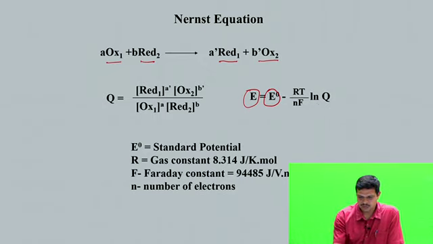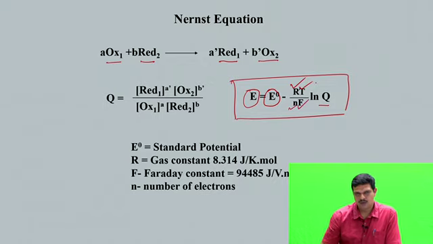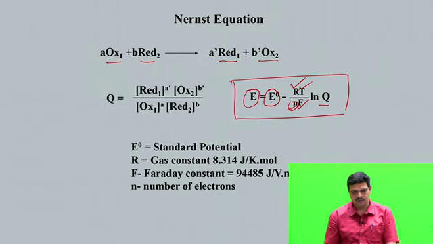This is basically the concentration of the species on the right side divided by the concentration of the species on the left side. These are all well known constants. R is the gas constant, F is the Faraday constant, around 96500, and n is the number of electrons involved in the particular redox reaction.